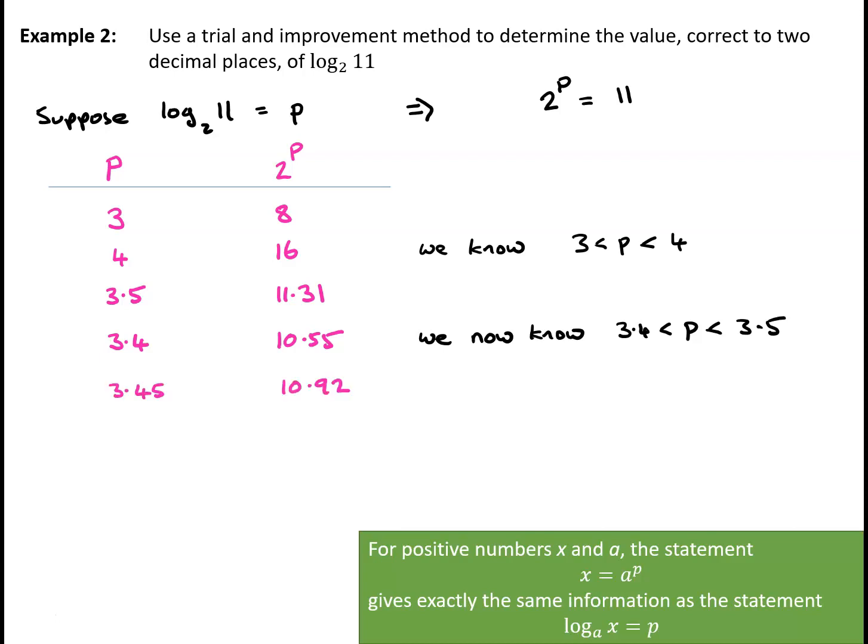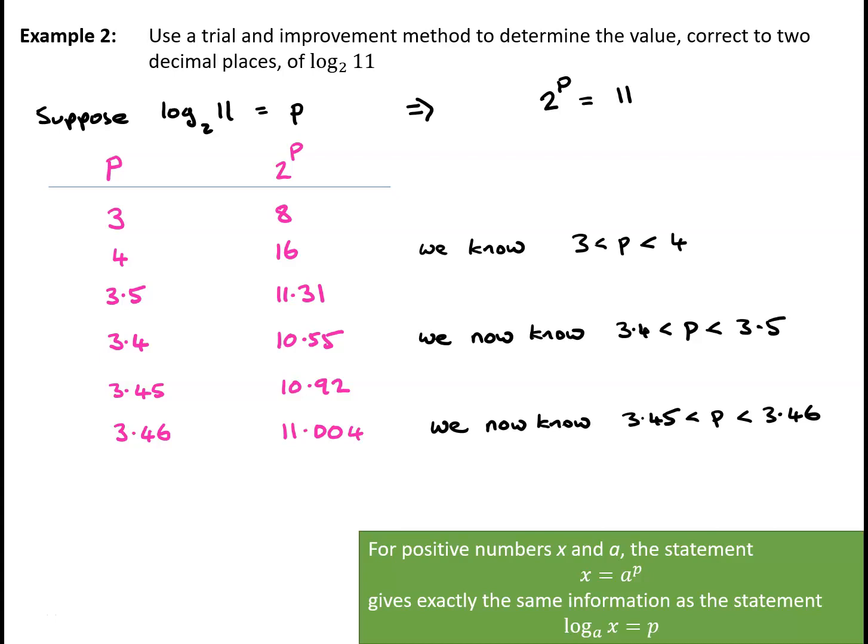So if we go for 3.45, 2 to the power 3.45 is 10.92. So if I try 3.46, I get 2 to the power 3.46 is 11.004. So we now know that the value of p that I'm looking for is somewhere between 3.45 and 3.46.